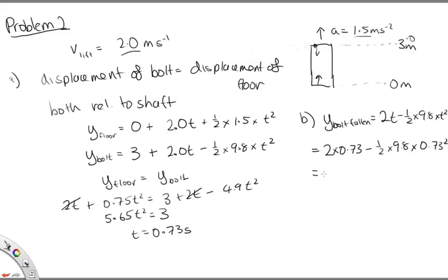So this is equal to minus 1.1 meters. Now the minus is because it's fallen, it's moved downwards and the displacement is negative. So it's fallen 1.1 meters relative to the lift shaft.